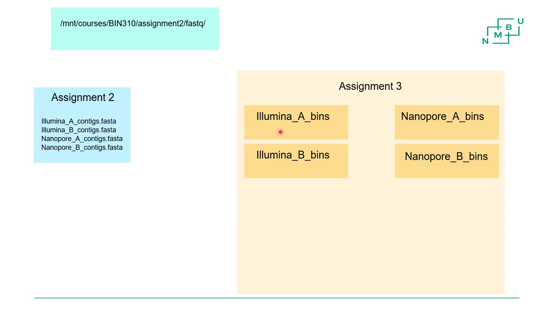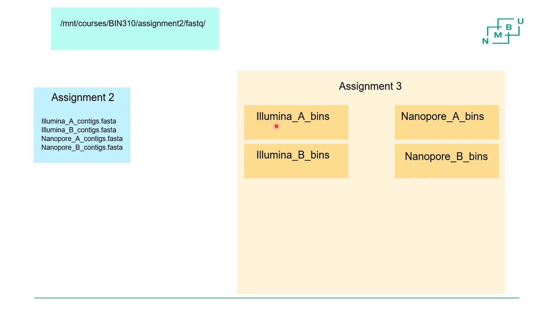The next thing you're going to do in assignment 3 is to compute coverage per contig. Coverage per contig. See module 8 for how to do this. And my point is then you work in each of these folders separately, or you make the script here. At least I would do that, but you do the job for each of these 4 in turn, right? You don't need 4 scripts to do this.